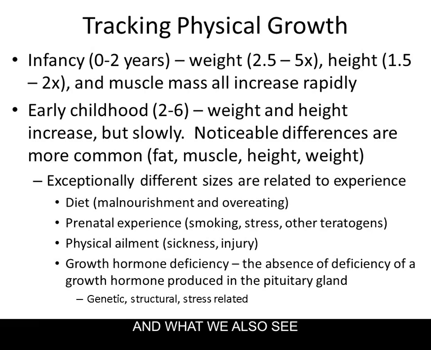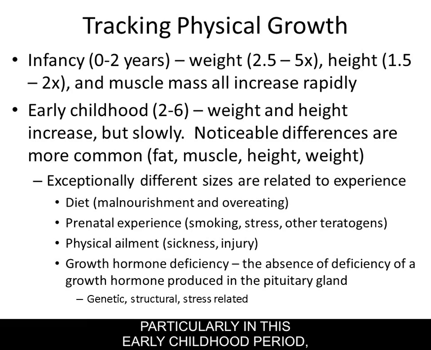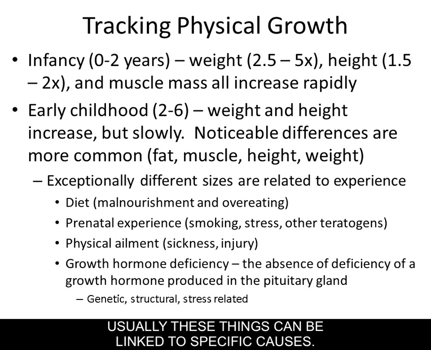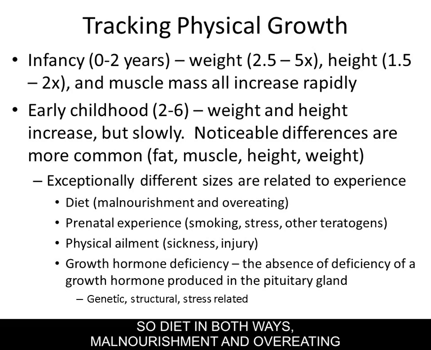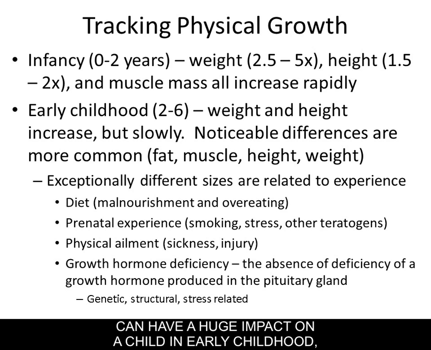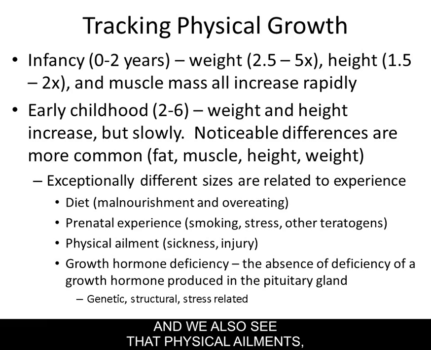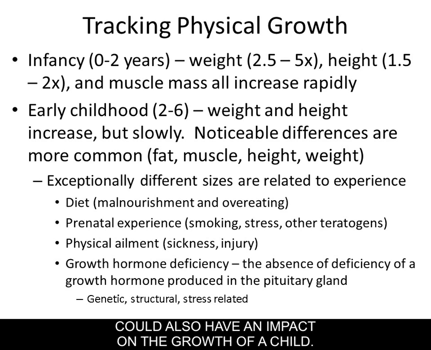And what we also see is that even though there are differentiations, when there are extreme cases, in particular in this early childhood period, usually these things can be linked to specific causes. So diet, in both ways, malnourishment and overeating, can have a huge impact on a child in early childhood. And we also see that physical ailments, things that the child might be experiencing between the ages of 2 to 6, could also have an impact on the growth of a child.